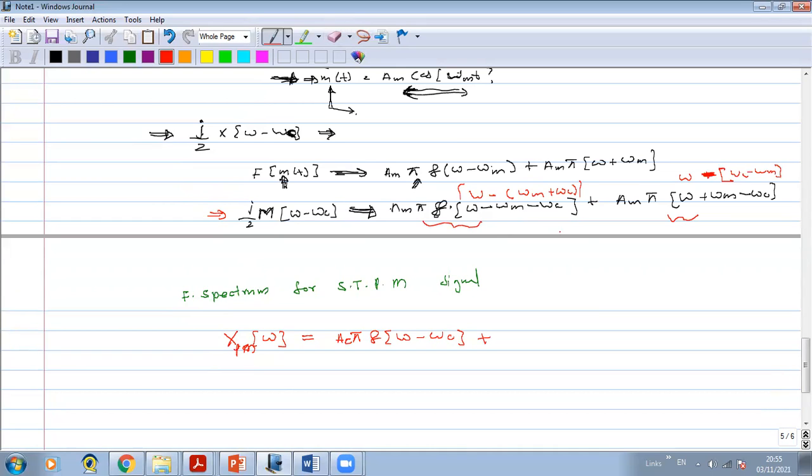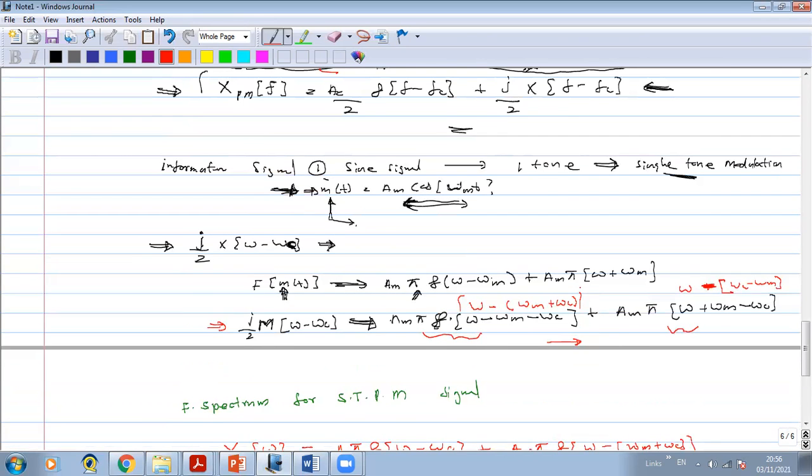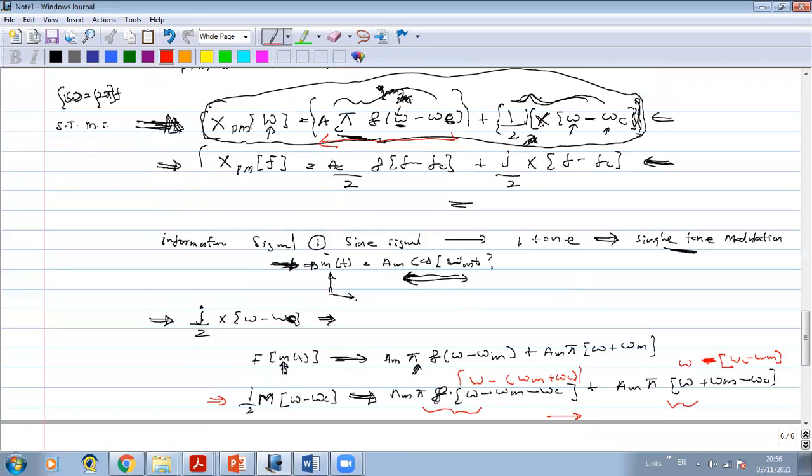Both the plus side shifted signals. So I write a m 5 delta omega minus omega m plus omega c, and also another term there, that is this half j.